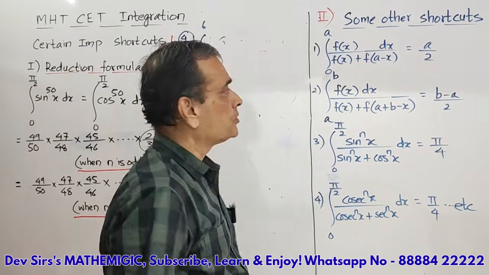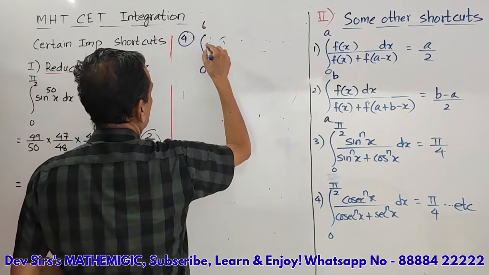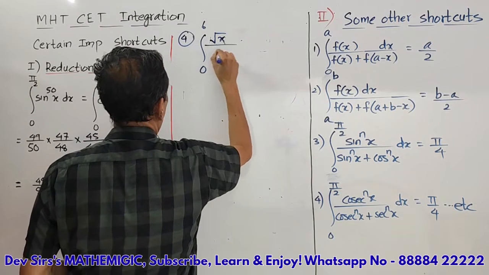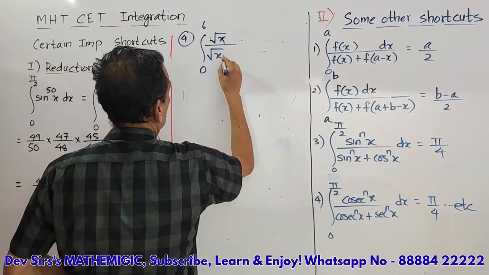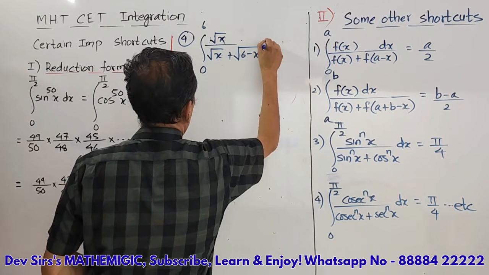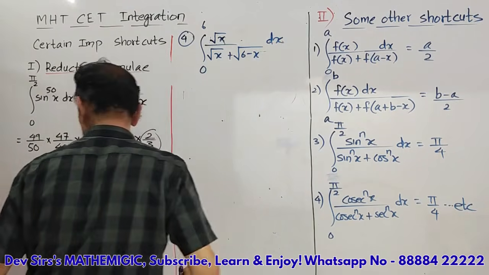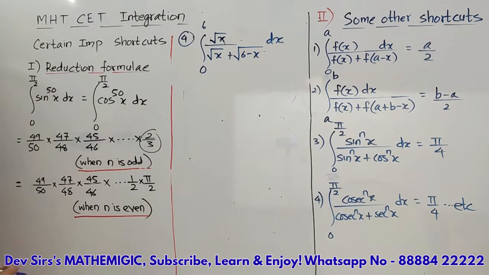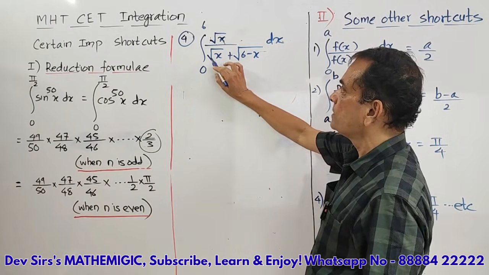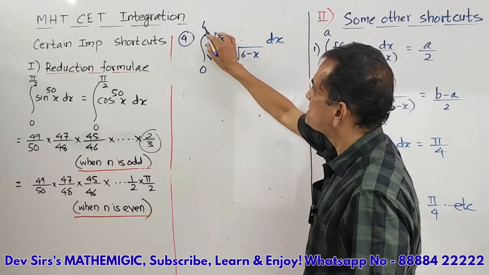Okay. So usually when the angle is not here, supposing the function is root x upon root x plus root of 6 minus x.